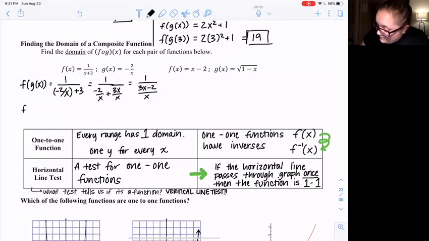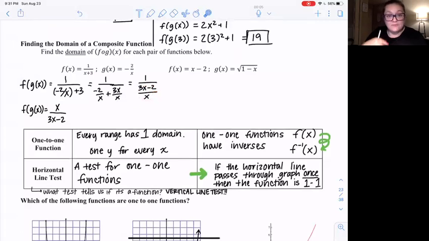So you get f of g of x is equal to, and that x is going to flip to the top, that 3x minus 2 is going to stay on the bottom. Now, as you can see here, this was what flipped because you have 1 over this. In other words, you have the reciprocal of this.